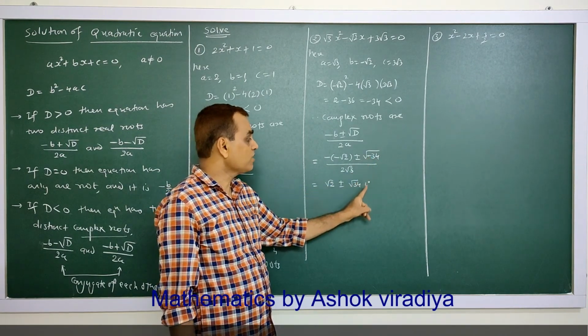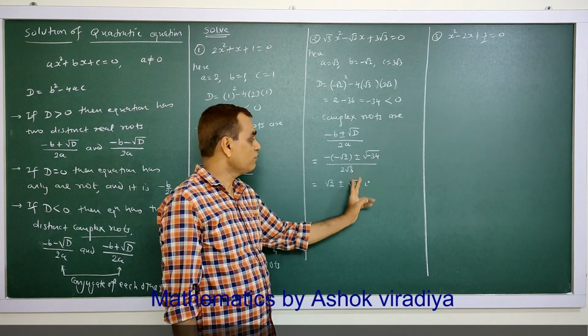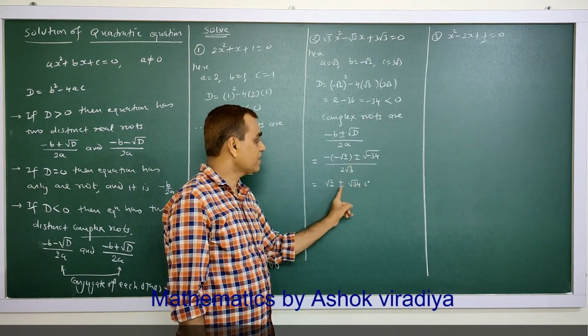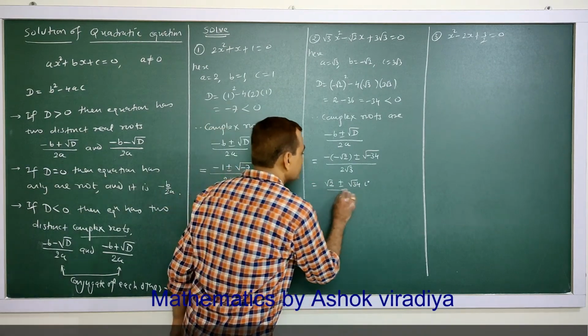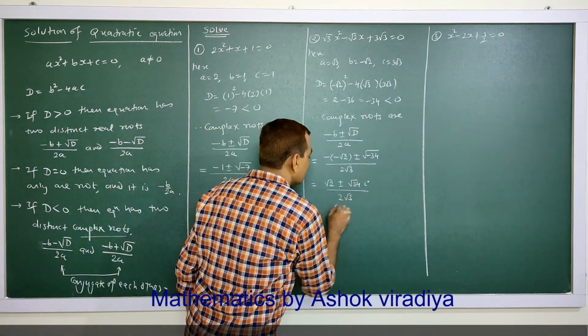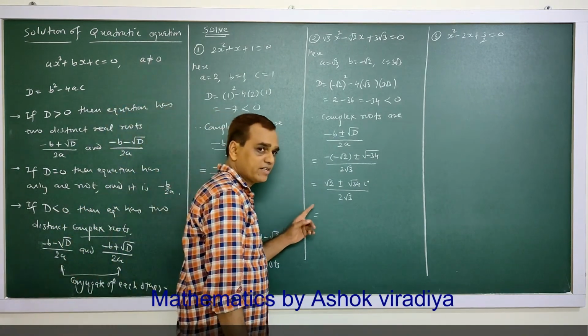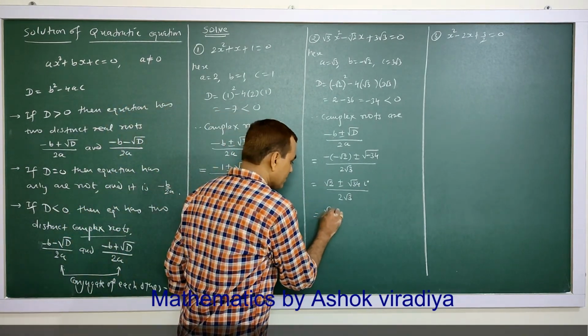For root of -1 we keep i, and 34 with the radical sign we keep as it is. This is plus or minus upon 2√3. Now from the numerator, √2 is common.